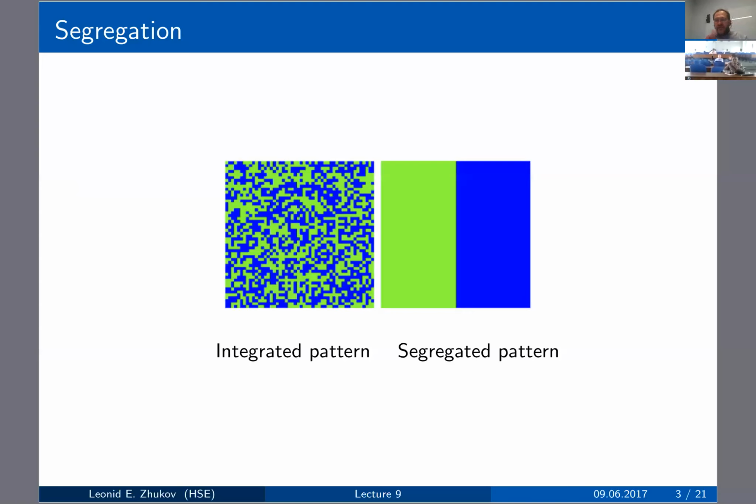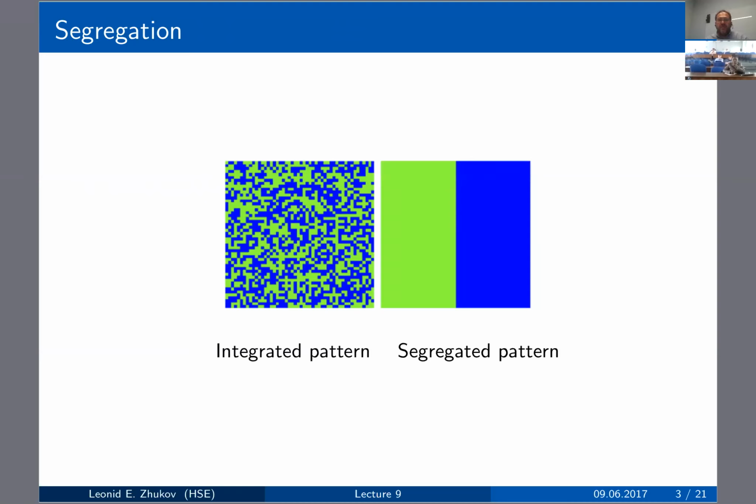I'm going to illustrate this with some simple pictures to illustrate the terminology and our points. So first of all, we have two colors. Let's say we can think about people living in the city or any other example. If you have those two colors, on the left-hand side you have a very good mixture of colors, in the sense that neighboring pixels could be green, they could be blue, and it's quite random.